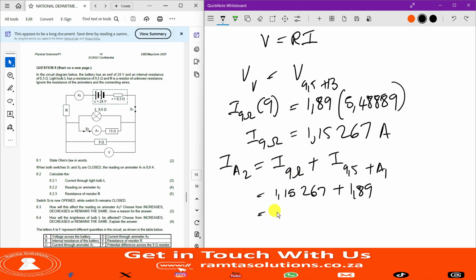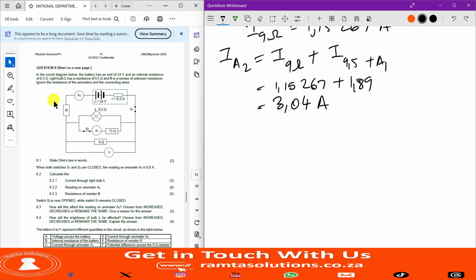We are getting 3.04 amperes. So the total current, which is the current flowing on ammeter A2, is 3.04. Do you guys see that? We were able to find the current flowing in this terminal and the current flowing in this terminal. So obviously, the sum of them is the current that flowed there, right? Perfect. All right, now let's proceed.